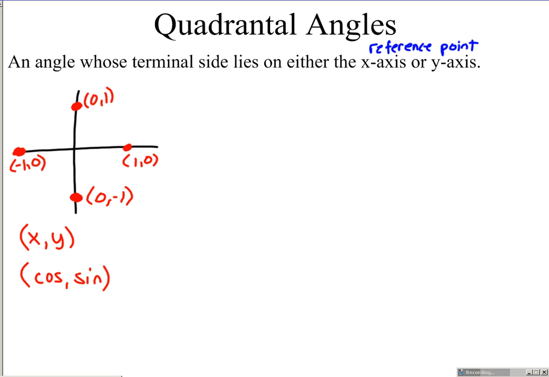So let's look at a couple of these. Let's say that we're talking about 90 degrees. I would have this reference point right here. I would label this ordered pair 0, 1, and that's all that I would have for a reference point.